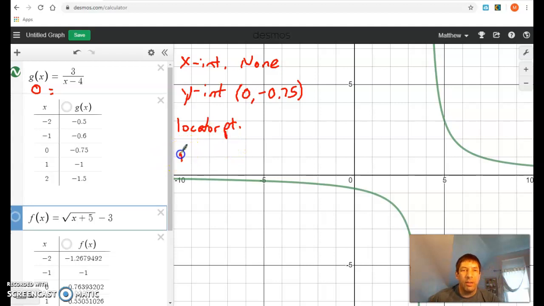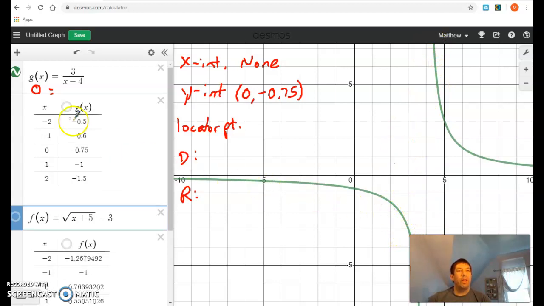So let's look at the domain and the range. So these are going to be a little bit trickier for a hyperbola. That's what we have here, a hyperbola. Our domain, well, this graph is going to go forever to the left, and it is going to go forever to the right in the positive direction. So we might think that our domain is all real numbers, but we can see that there's a gap in here.